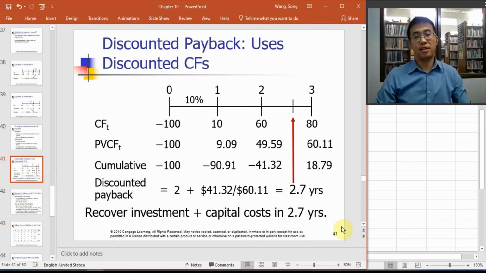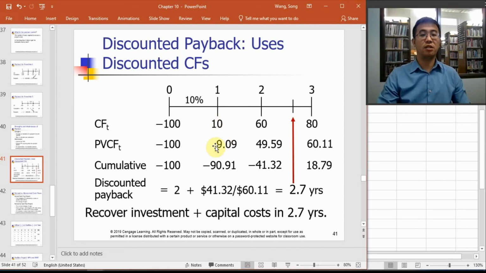All right, how exactly do we solve the drawback or the shortcoming of a regular payback? We developed this term called a discounted payback, in which we discount each of the future cash flows into present values. That's the only extra step I'm taking here compared to regular payback.